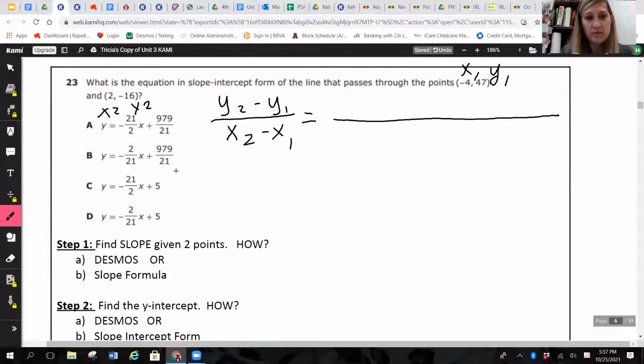So my y2 is -16. My formula says write a minus. And my y1 is 47. My x2 is 2. The formula says write a minus. And my x1 is -4. So what's the answer to -16 minus 47?